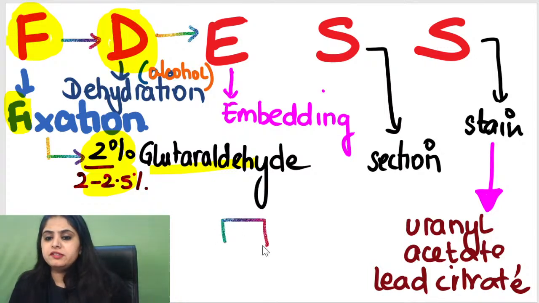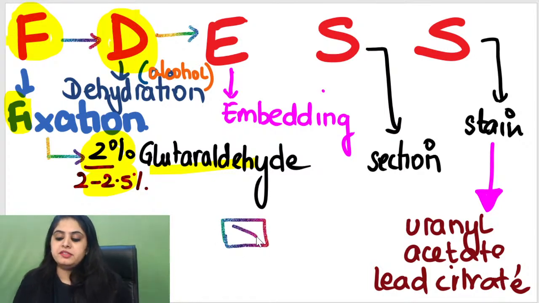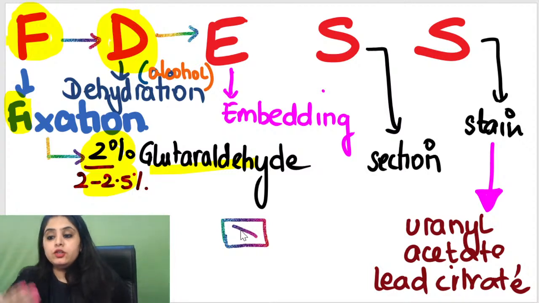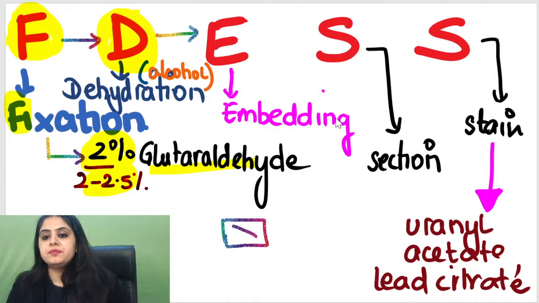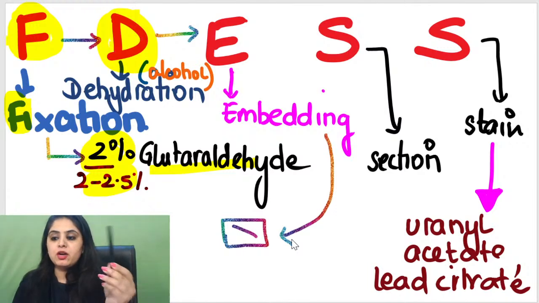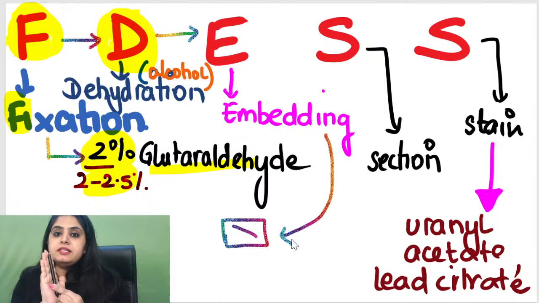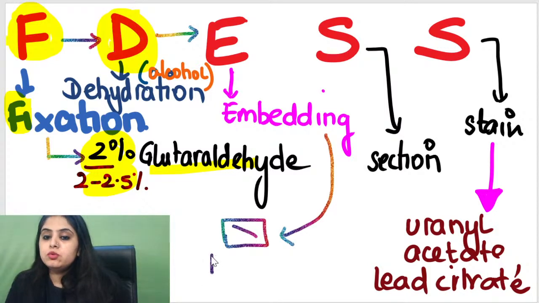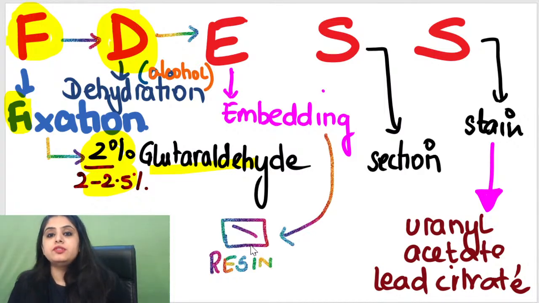For example, if this is a kidney biopsy and you want to cut it and see it under a microscope, how will you cut this kidney biopsy? You will put it in a medium. That medium is known as embedding. See, imagine this pen is a kidney biopsy and I want to put it inside some medium. That is embedding. Which medium do I use in case of electron microscope? I use resins. You call them plastic resins also. Okay, I use resins. Fine.